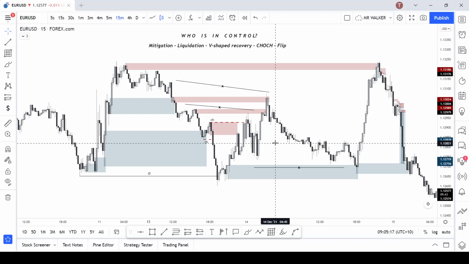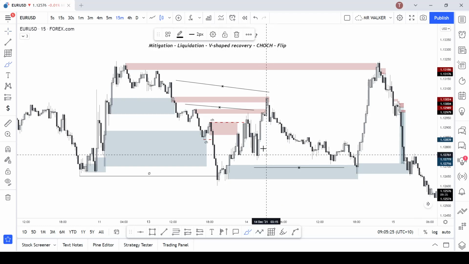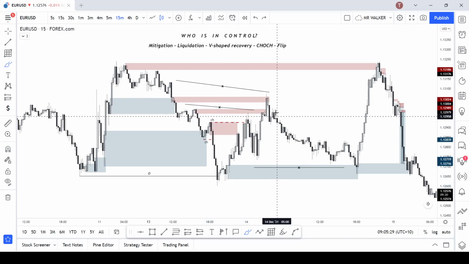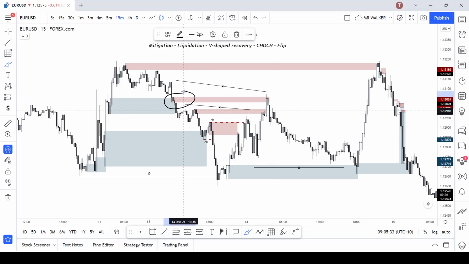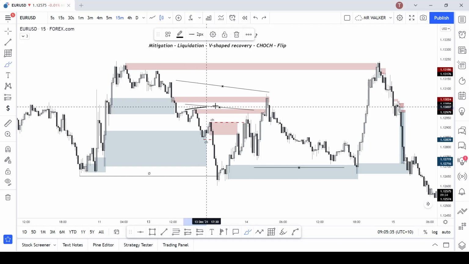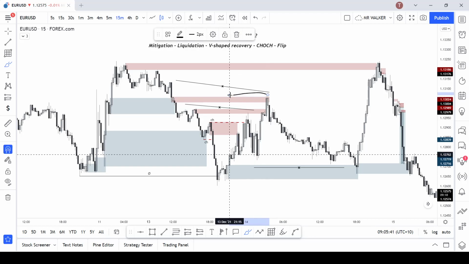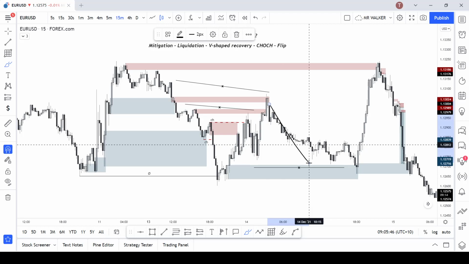And keep in mind, if we have any structural liquidity on the way, like these three highs, then this order block is likely to hold because we sweep these highs, we have liquidity, we also sweep the liquidity above the order block itself, and then we go to the downside, right?